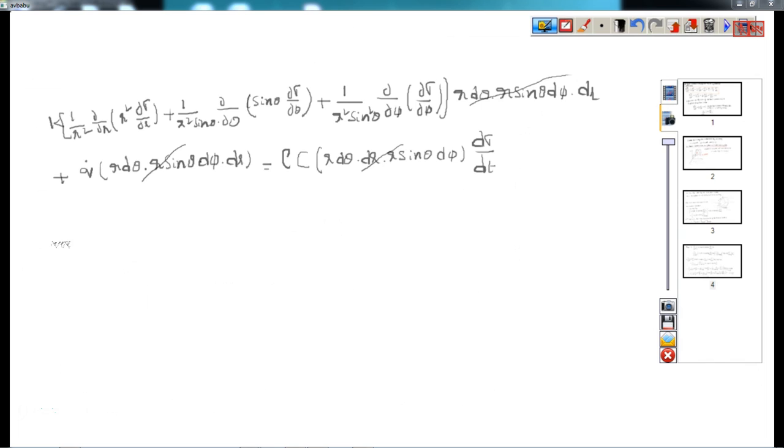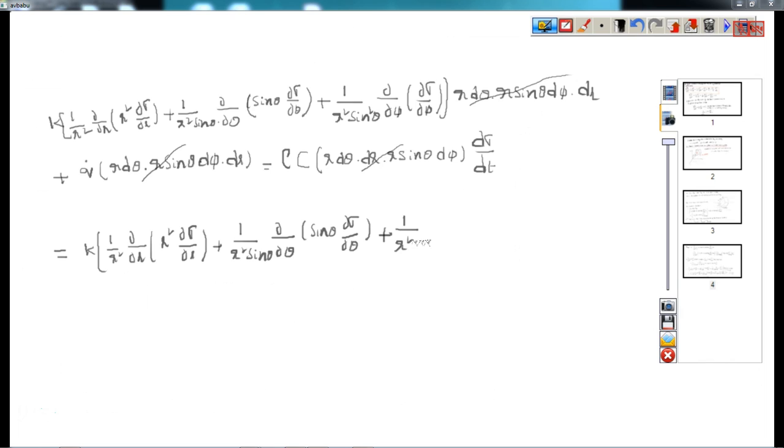Then the equation will become k into 1 by r square dou by dou r into r square dou t by dou r, plus 1 by r square sin theta dou by dou theta of sin theta dou t by dou theta, plus 1 by r square sin square theta into dou by dou phi of dou t by dou phi, plus q dot is equal to rho c dt by dt.